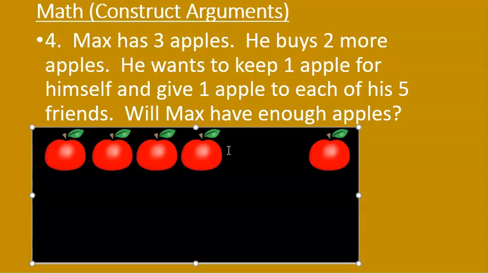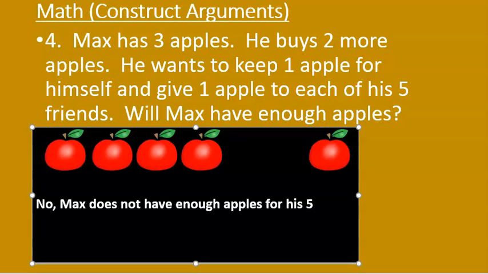So let's write this. No, Max does not have enough apples for his 5 friends. And there you go, first graders. There is our explanation. This is what you call a construct argument, okay? Now, no, Max does not have enough apples for his 5 friends because, like Mr. Begay said, 1 apple is missing right here.